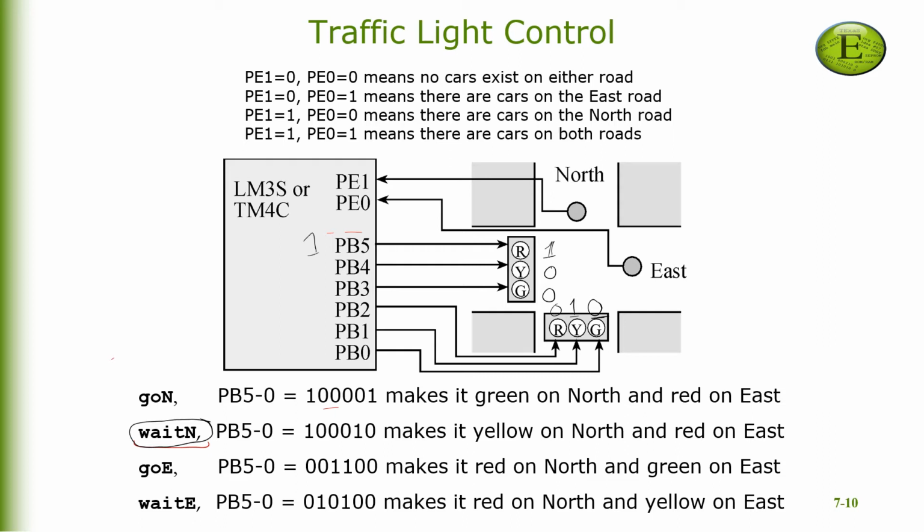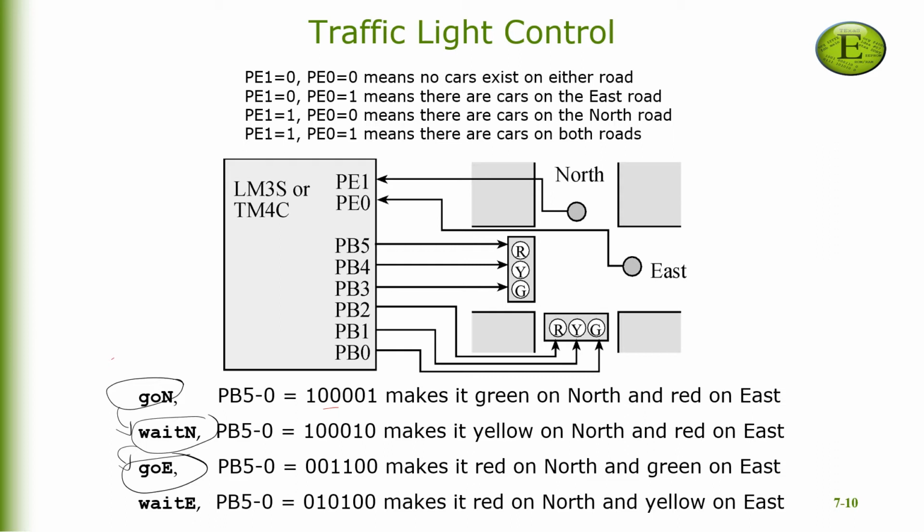Hence 1 0 0 0 1 0. That corresponds to the wait north. So this wait N state is important. It acts as a transition from go north, wait north, and then go east. And this is the sequence that we have understood. And it is the sequence that is consistent with the real life observation and implementation.